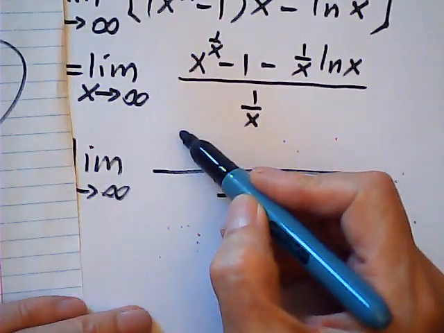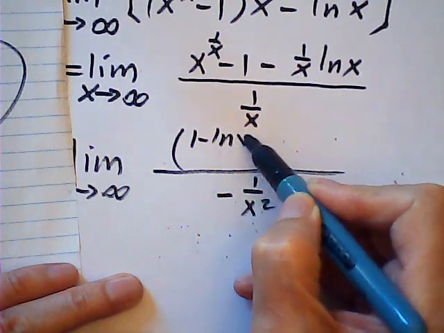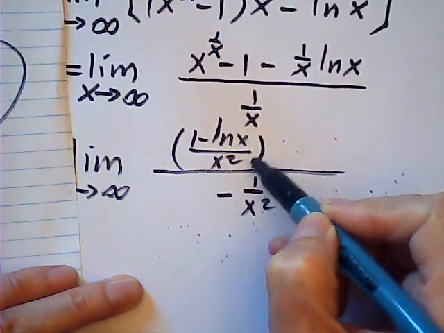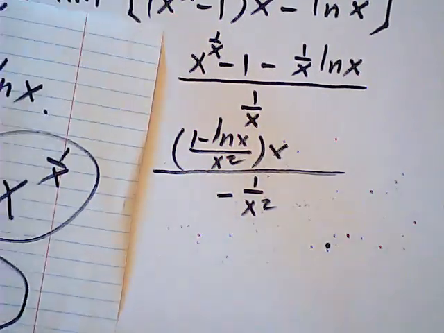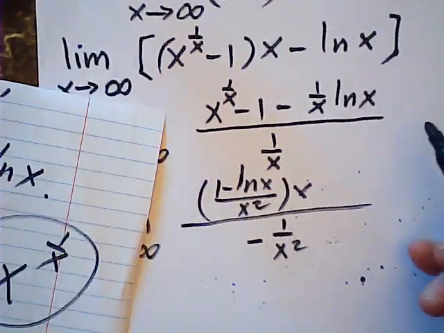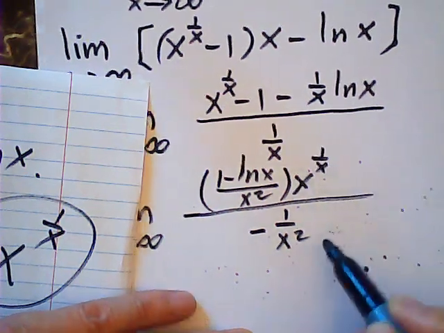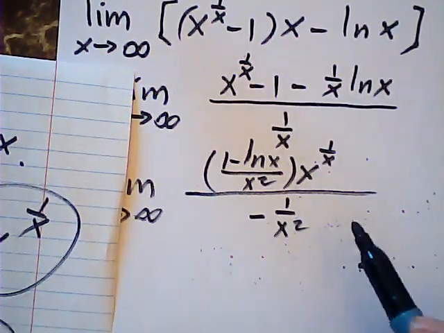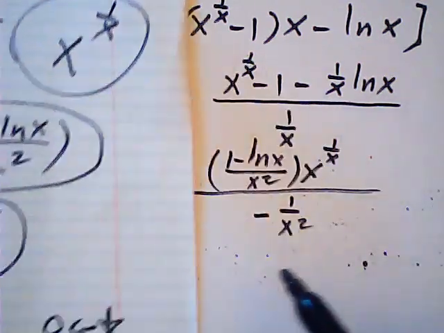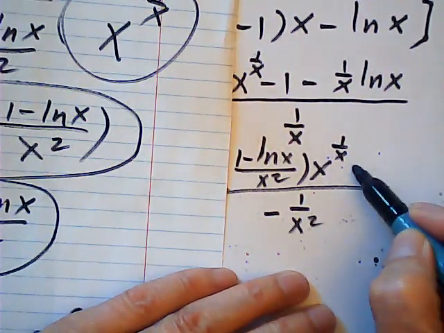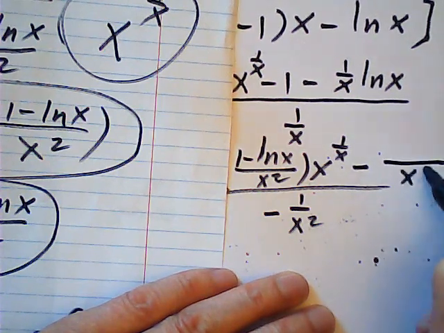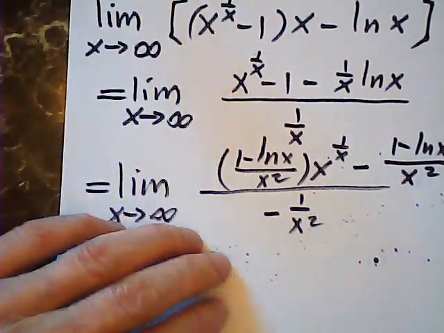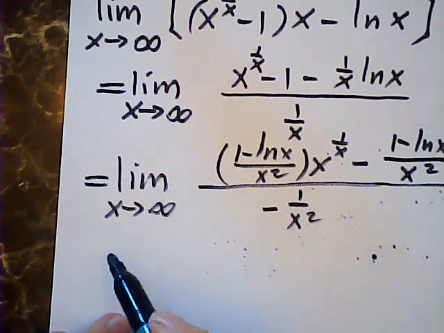Let me write this way. This is (1 minus log x) over x squared, times x to the 1 over x. That is this derivative. And this derivative is minus x squared times (1 minus log x). Wow.